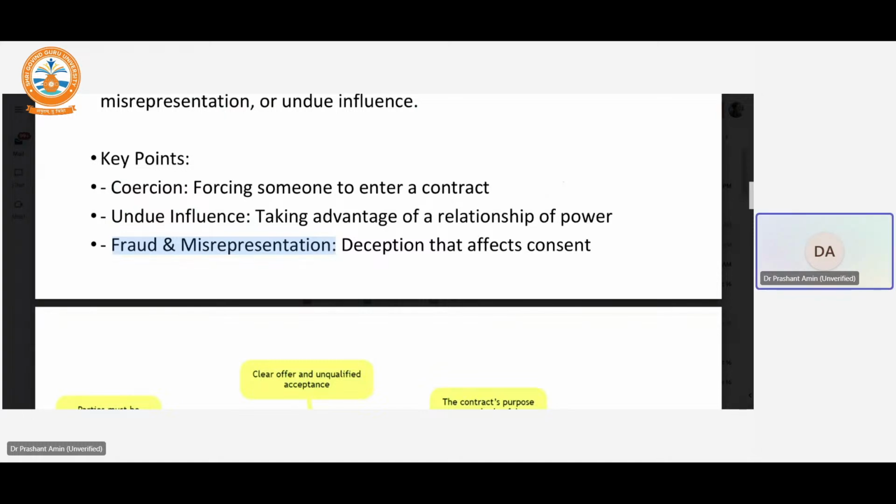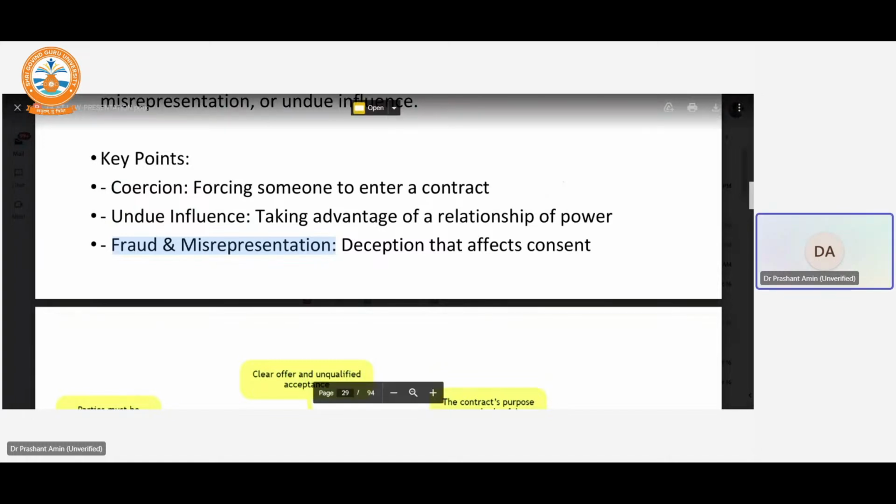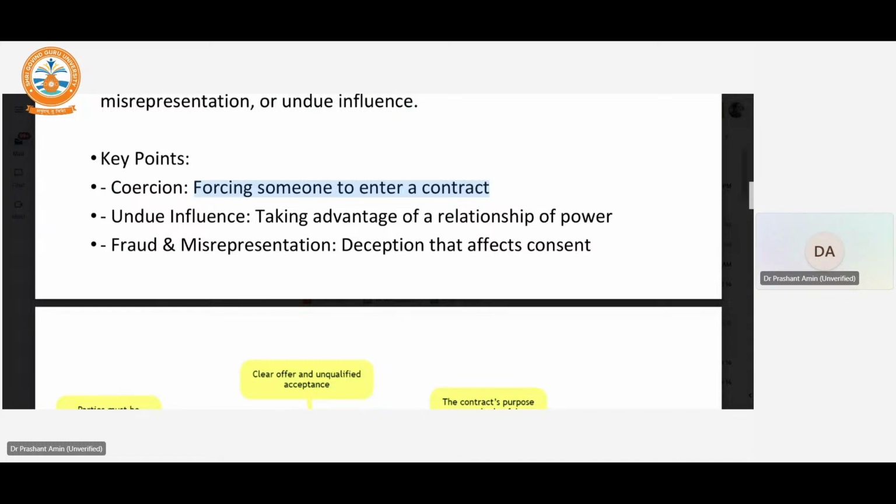If it is commercial in nature, then coercion, forcing someone to enter into the contract, makes that contract invalid under the Indian Contract Act, but it is also punishable under the Indian Penal Code and right now the Bharatiya Nyaya Sanhita. It is punishable. Undue influence, taking advantage of the relationship or the power, and the two parties entered into the contract, that is also illegal, right?